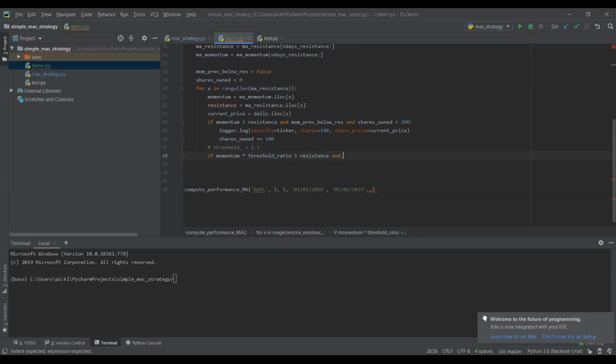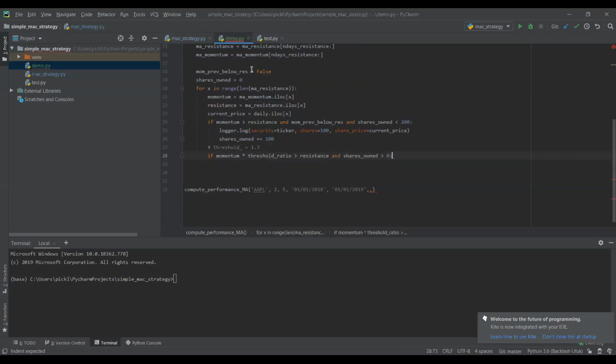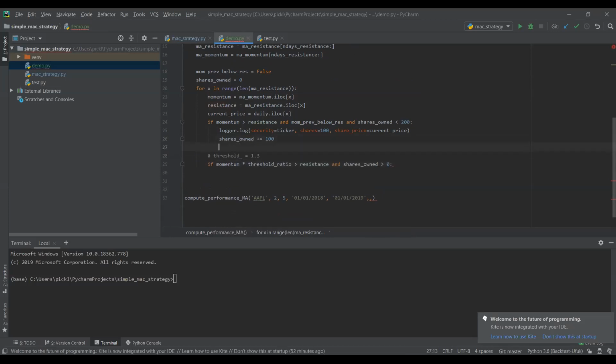And shares owned is greater than 0. The reason I put that is because I want to only sell stocks when I own them.